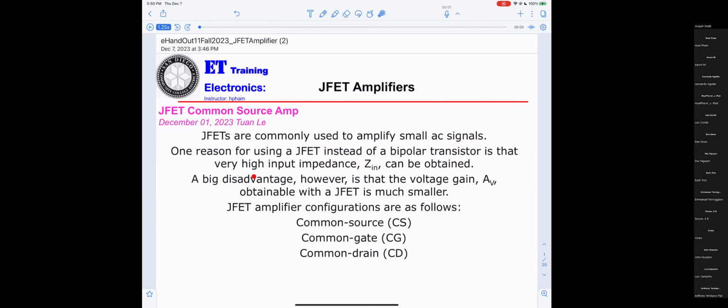A big disadvantage, however, is that the voltage gain obtainable with the JFET is much smaller. So the gain for the JFET is not really good like bipolar. JFET amplifier configurations are as follows: common source, common gate, common drain.